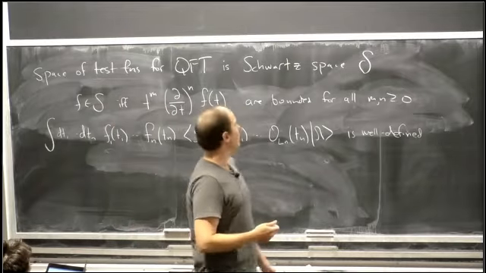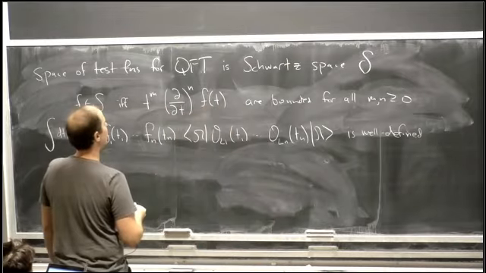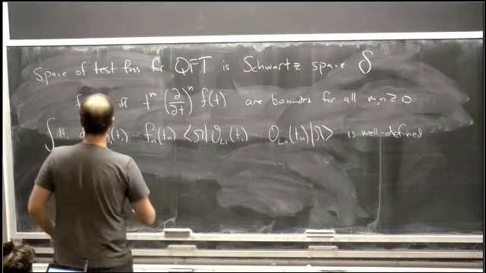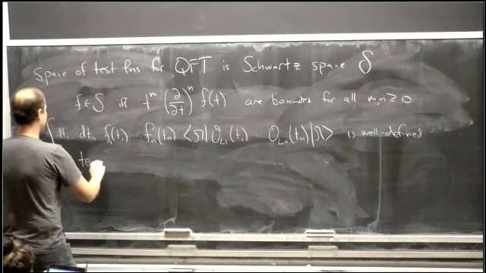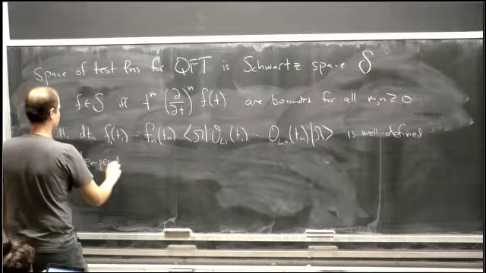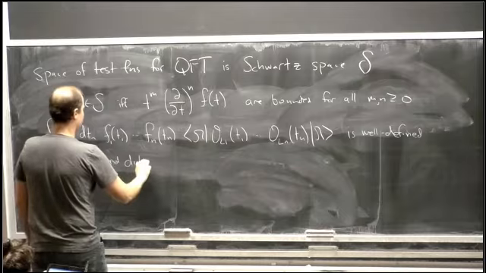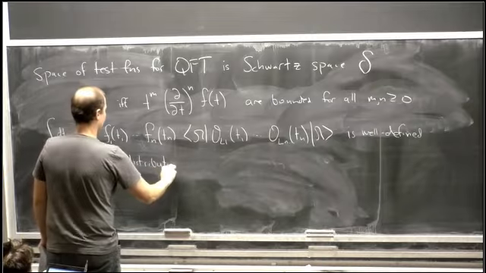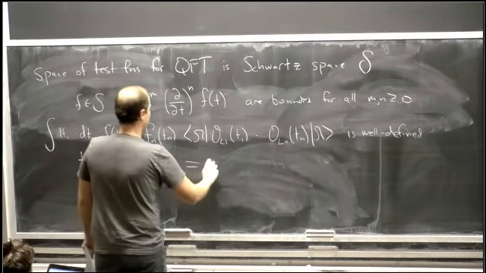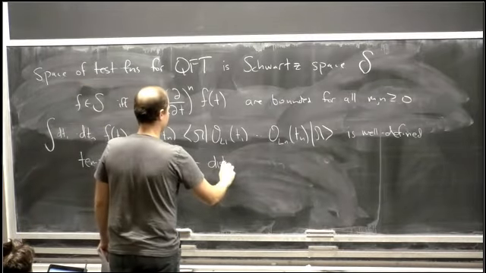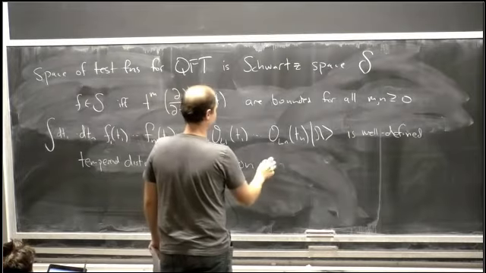What does tempered mean? Good. So a tempered distribution is a distribution on the Schwartz space.